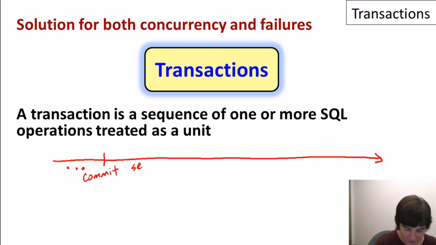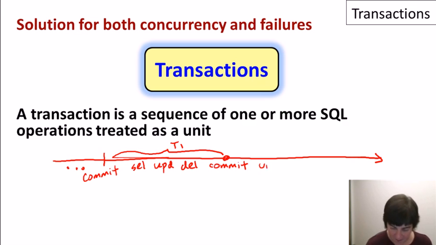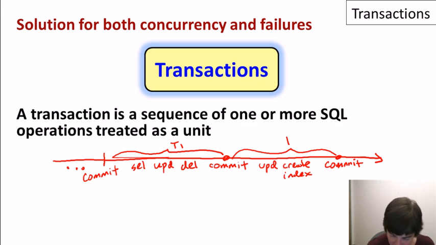Then it might do some operations, maybe a select, an update, a delete, and then it says commit again. And when it says commit at this point, that turns this amount of work into a single transaction that's treated as a unit. Maybe it'll update, maybe it'll create an index, and again, maybe commit at this point in time. And that right here will turn this into a transaction.